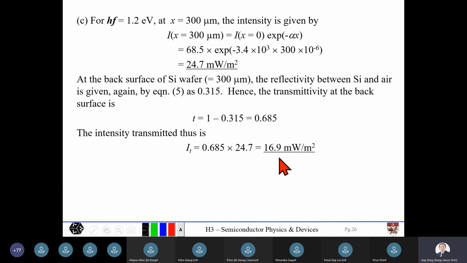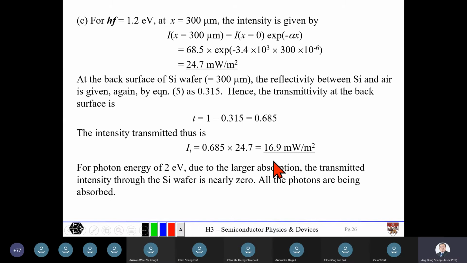This is a simple example of the application of Lambert's law in conjunction with the reflection that always happens between different media.